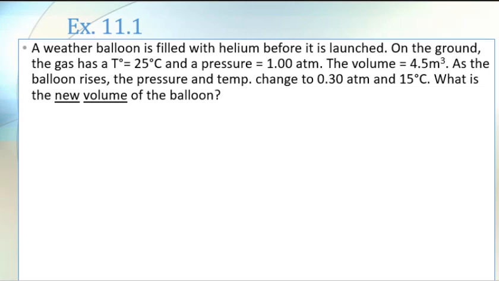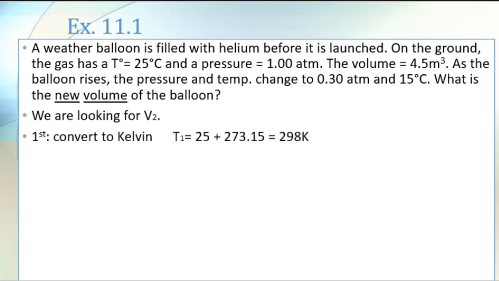All right, so we're looking for V2, but the first thing we're going to do is convert our temperatures to Kelvin. T1 is 25, which was given to me, plus 273.15 gives me 298 K. And then T2 is 15 degrees plus 273 is 288.